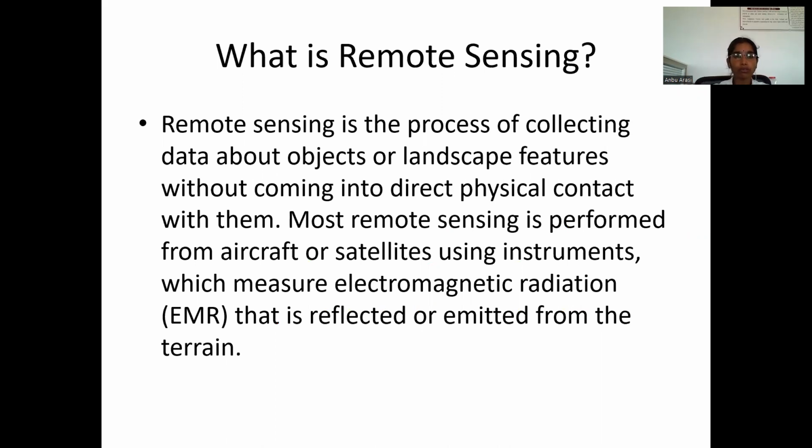First, we know what is remote sensing. Remote sensing is the process of collecting data about objects or landscape features without coming into direct physical contact with them. Most remote sensing is performed from aircraft or satellites using instruments which measure electromagnetic radiation that is reflected or emitted from the terrain.